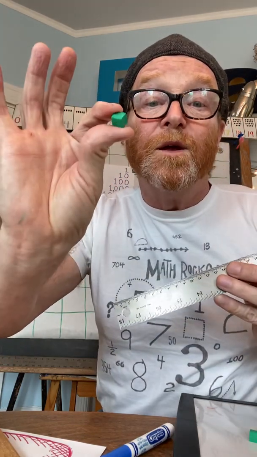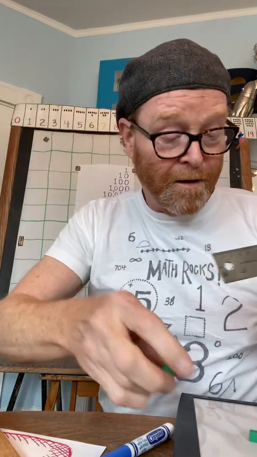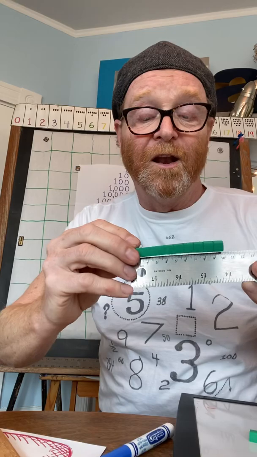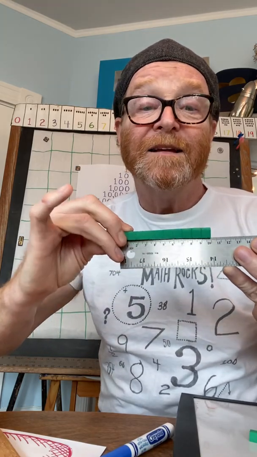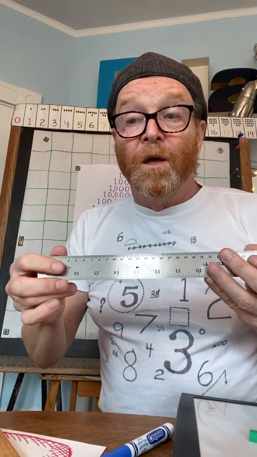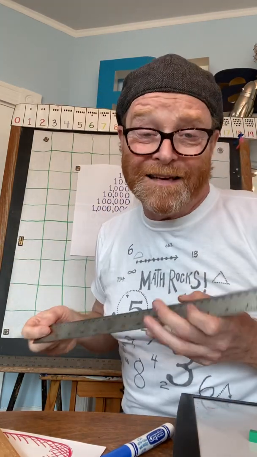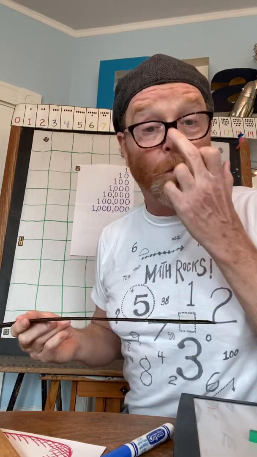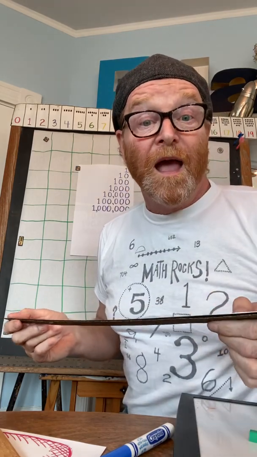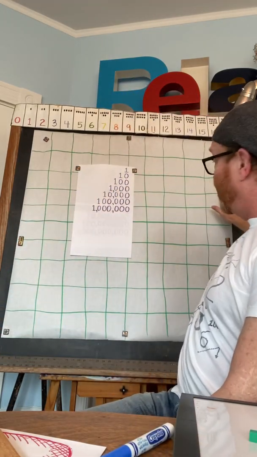So this unit, or one, is 1 centimeter long, meaning that the long is 10 centimeters long. And so the word centi means 100 or 100th, and a meter is the size of this piece of paper. It's about 3 feet long, a little bit more than 3 feet.